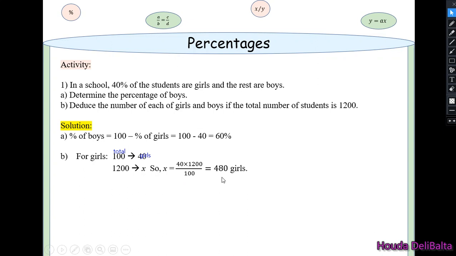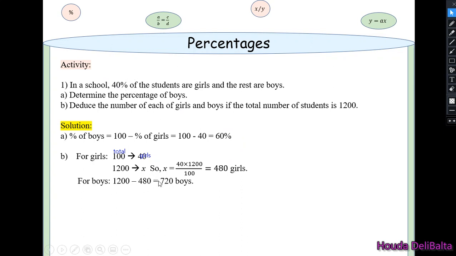Now I know the exact number of girls, so definitely we can know the exact number of boys by subtracting 480 from 1200. As you see, the number of boys is more than the number of girls, because the percentage of boys is more than the percentage of girls.